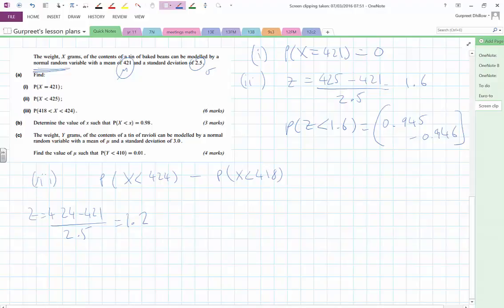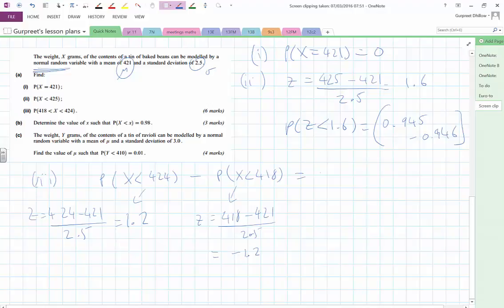And if you do this one, you get 418 minus 421 over 2.5, and if you do any calculation, you might notice that the difference is 3 but the other way, so it's going to be minus 1.2.